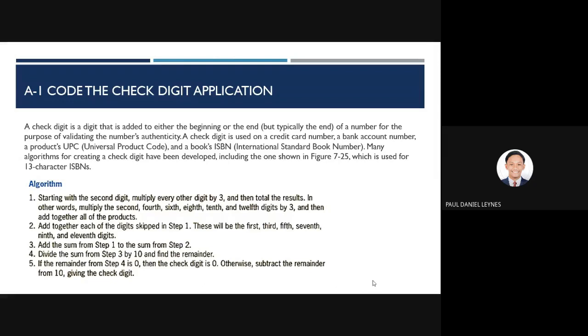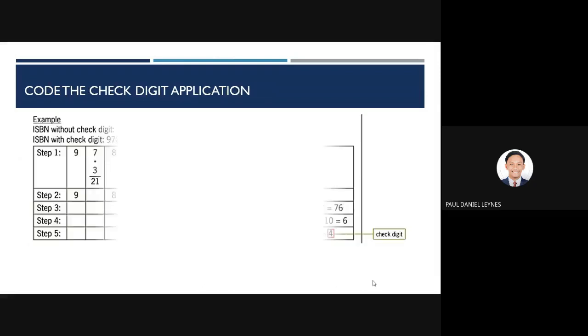This will be the first, third, 5th, 7th, 9th, and 11th digits. Add the sum from step 1 to the sum from step 2. Divide the sum from step 3 by 10 and find the remainder. If the remainder from step 4 is 0, then the check digit is 0. Otherwise, subtract the remainder from 10, giving the check digit.